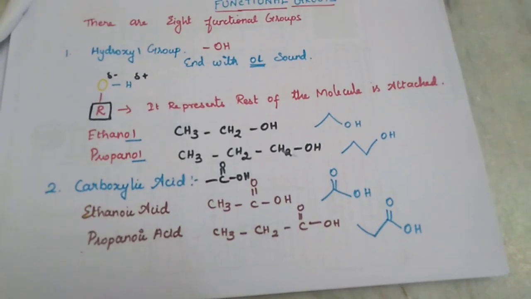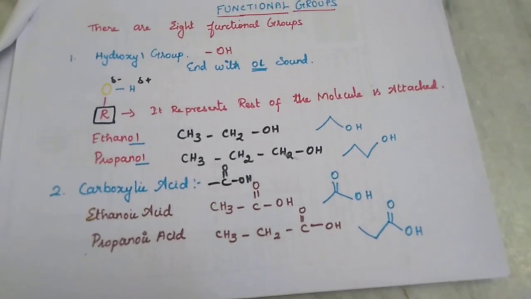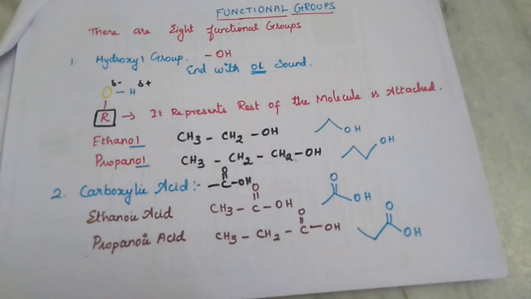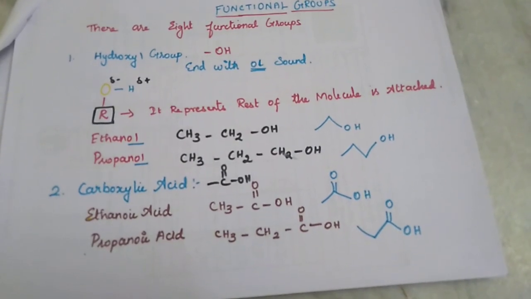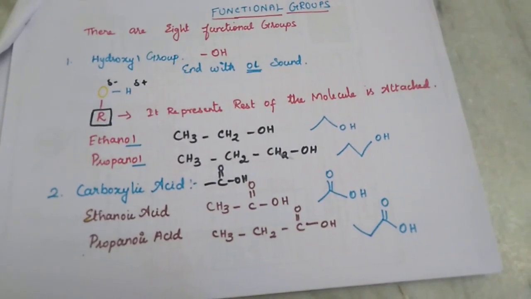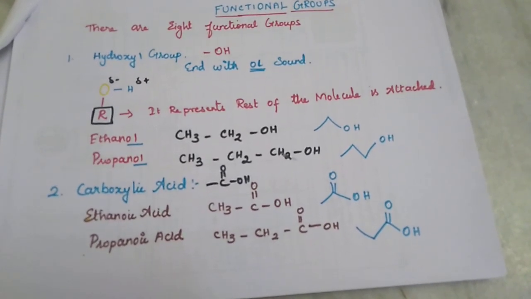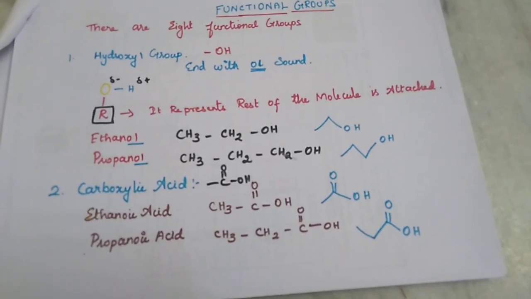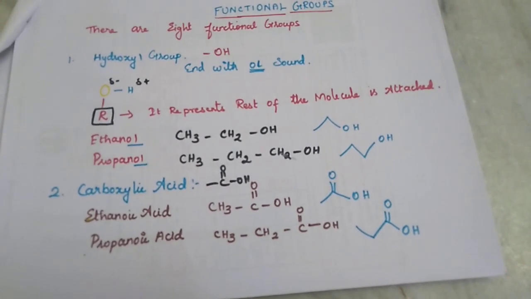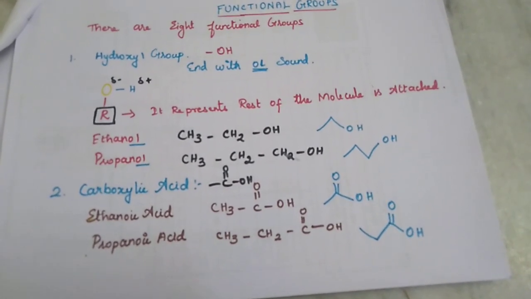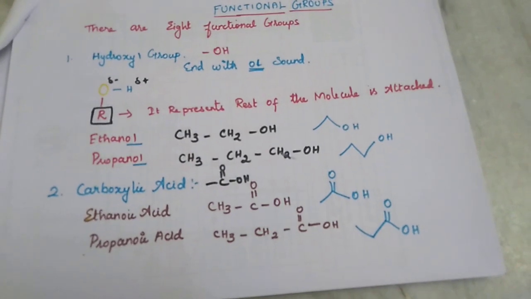The whole COOH is an acid, and that is the only functional group. Here we can't separate the OH and the CO. So don't get confused. Here OH is a functional group, but in this case COOH is the functional group.